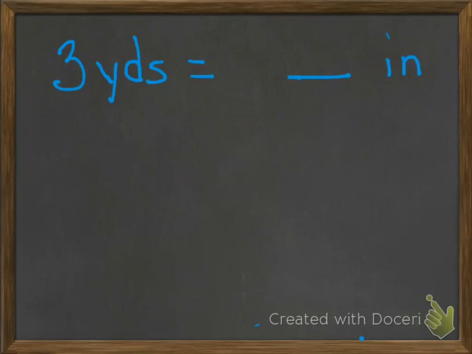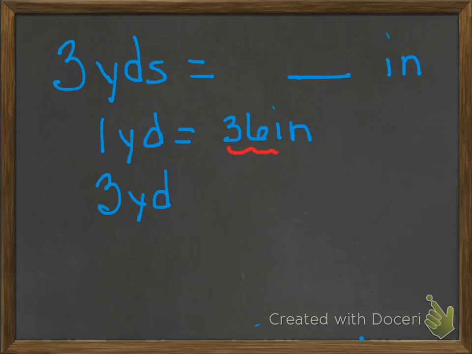We know that for every 1 yard, we have 36 inches. All right, so how many yards do I have? I have 3 yards. And if each yard is equal to 36 inches and I have 3 of them, I am going to multiply. 36 inches are in 1 yard, but I have 3 of them, so I'm going to multiply.